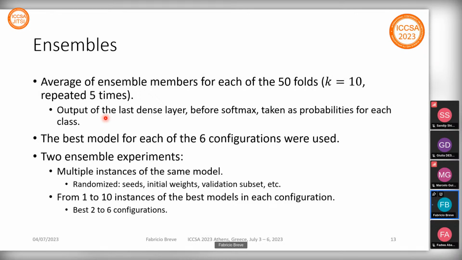The best model for each of the 6 configurations was used, and there are 2 ensemble experiments: one with multiple instances of the same model, just different seeds, initial weights, validation, and so on, and another one with from 1 to 10 instances of the best model on each of those 6 configurations.